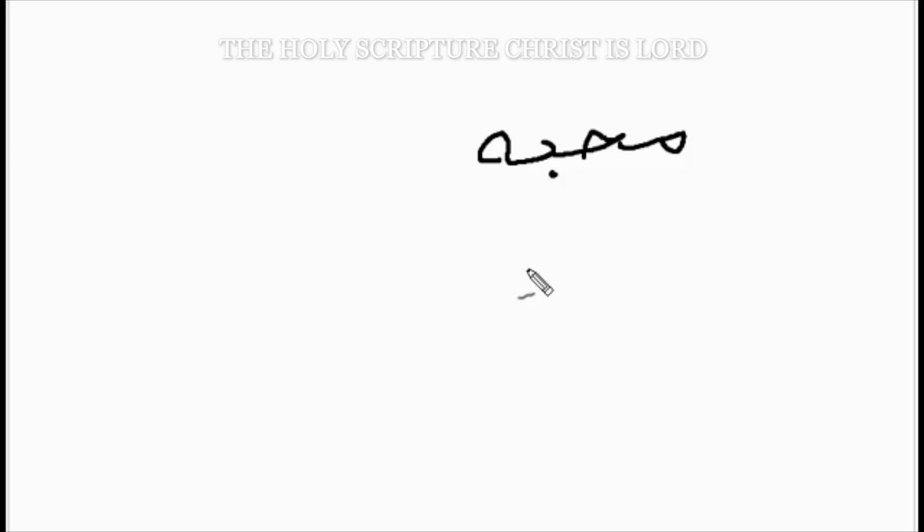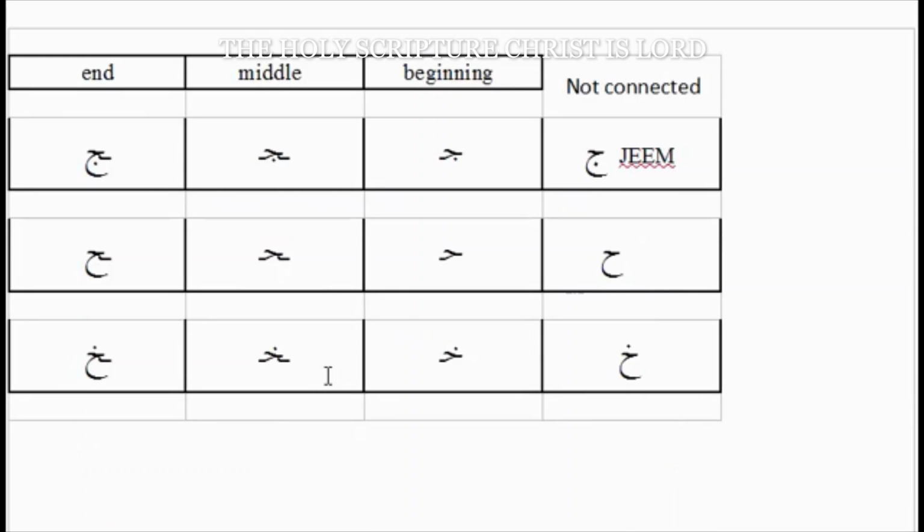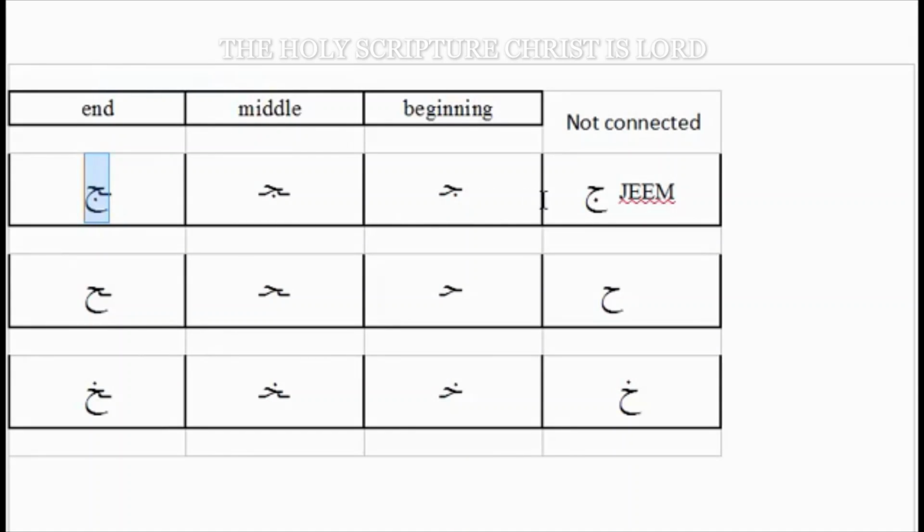Now always remember that those letters, when they are at the end, go back to the original forms. Remember we showed you that? You notice here letter Jim or Ja at the end is the same as letter Ja by itself. It goes back to the original. The only difference is there's a little line to attach to the letter before it. Same for letter Ha.